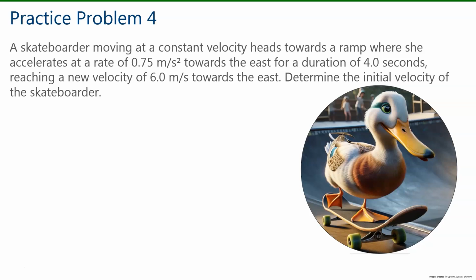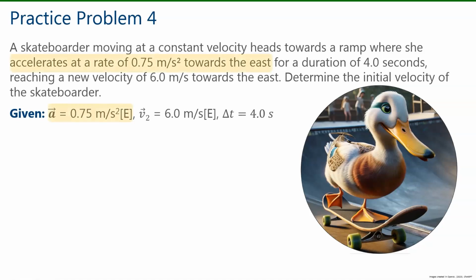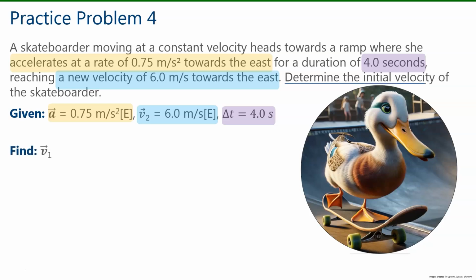Determine the initial velocity of the skateboarder. Our first step is to pick out the information we're given in the problem. We're given that the acceleration is 0.75 meters per second squared east. We're given that the final velocity is 6.0 meters per second east, and that the time is 4.0 seconds. We're asked to find the initial velocity.